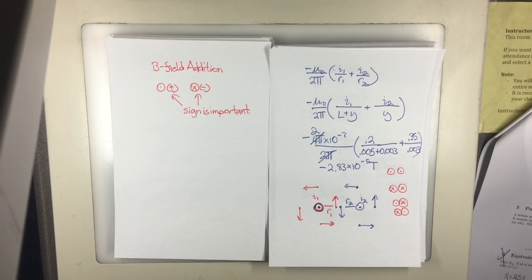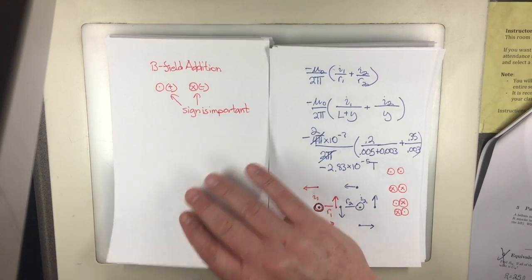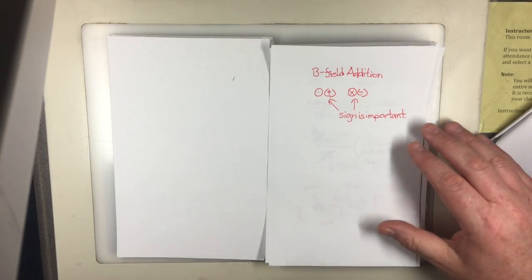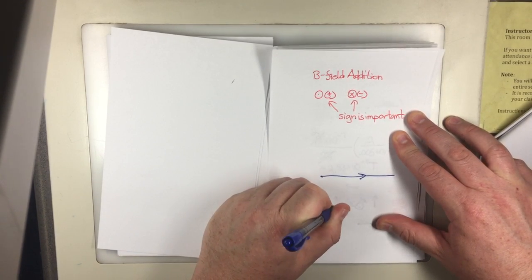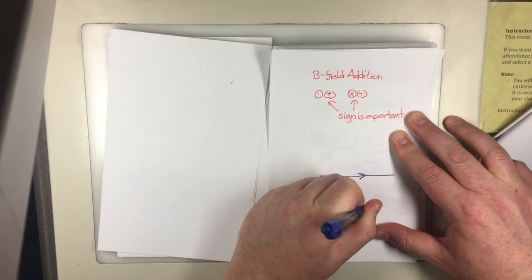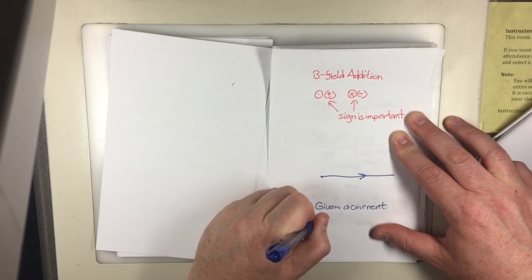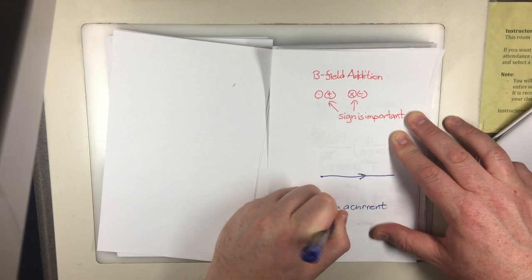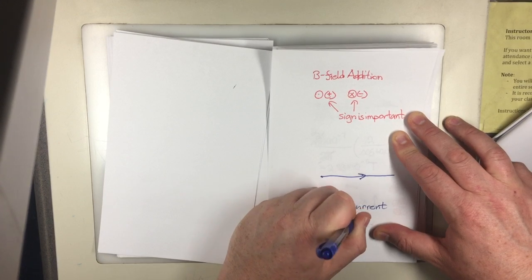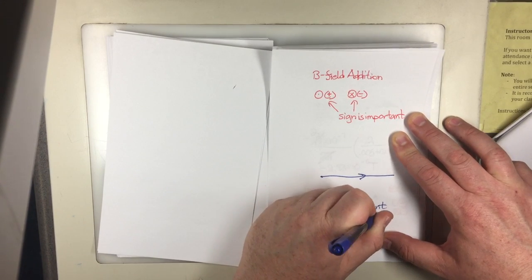So I understand if you go this way for the current and then you wrap. Yeah. And you point your thumb out, and that's positive or negative B field. You've just used both right-hand rules at the same time, which is a problem that I've seen before. If the question is, given a current, what is its B field?